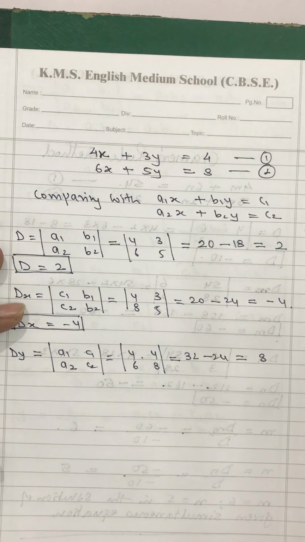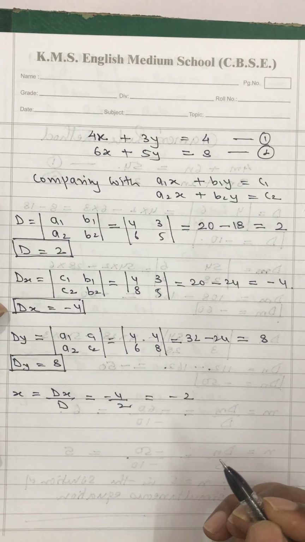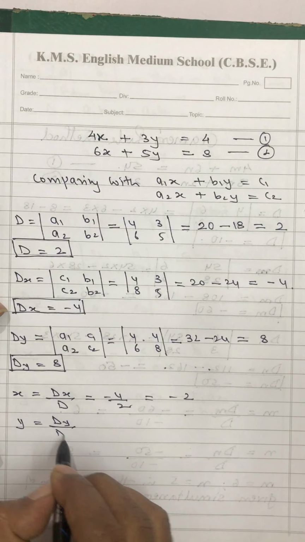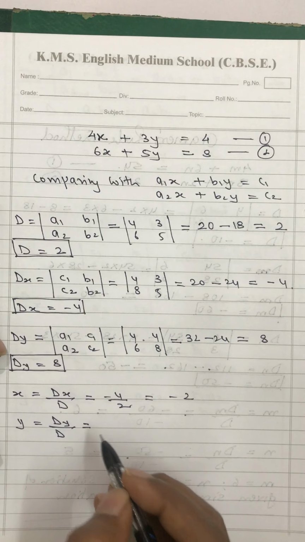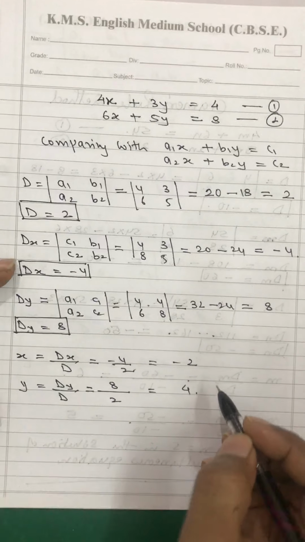Signs are going to play a huge role, of course, anywhere. So you will get x is equal to dx by d. What is dx? Minus 4 by 2, and that will be minus 2. And y is going to be equal to dy by d. dy is going to be 8 upon 2, that will be 4.